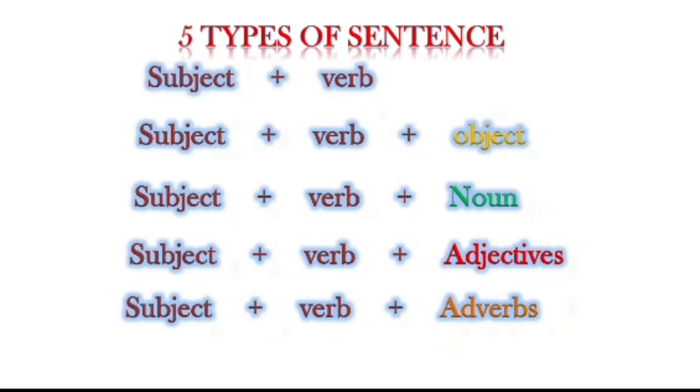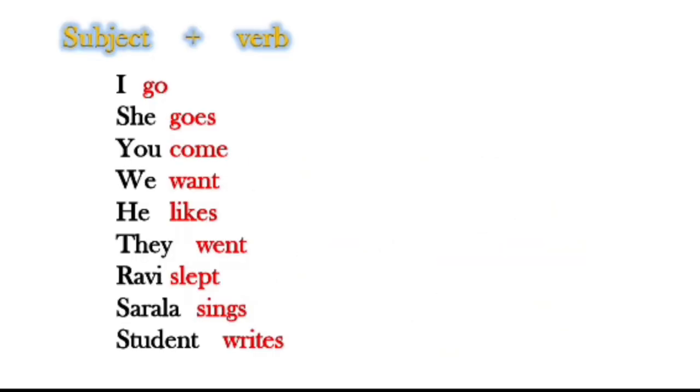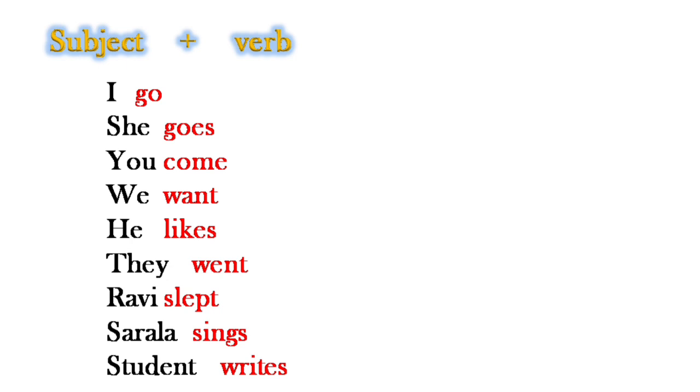Now let us begin with the first structure, subject and verb. You know very well what the subject means. Subject is nothing but the person names or person pronouns or things or places. Verb means an action word. See, your subject plus verb. I go, she goes, you come, we want, he likes, they went, Ravi slept, Sarala sings, student writes.